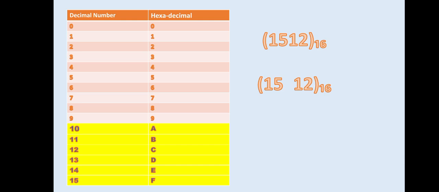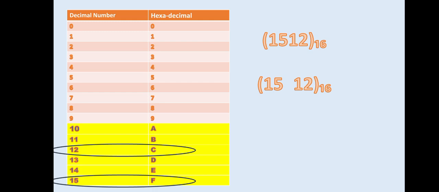Rather, we'll be seeing the hexadecimal equivalent of 15 here in the table, that is F, and for 12 is C. So the number will be FC base 16. So if we find FC base 16 written there, it means it's 15 and 12. And if we have 1512 written there, it means these are the single digits.